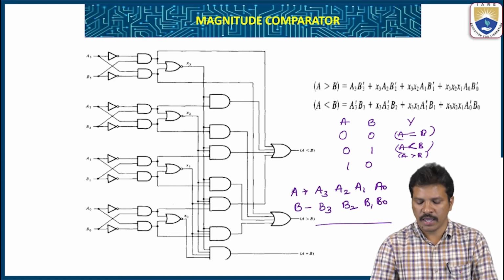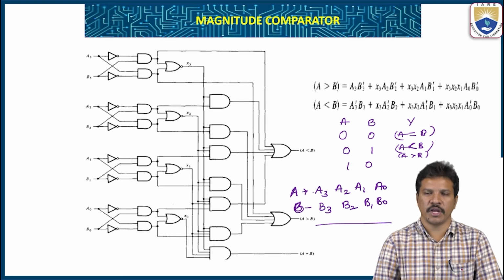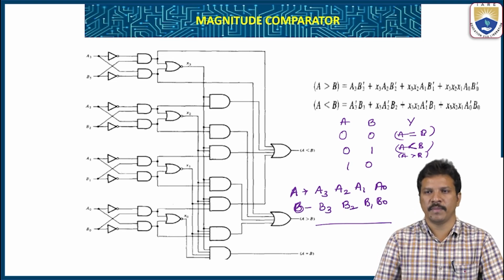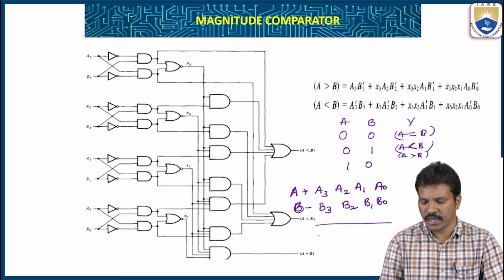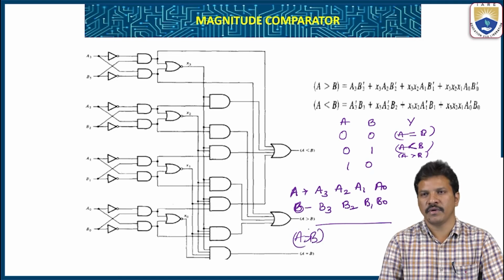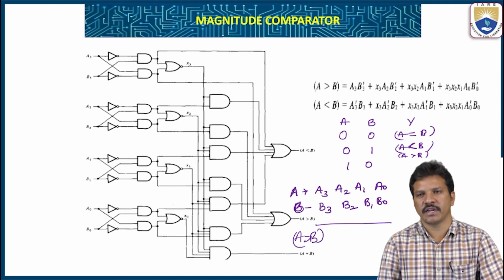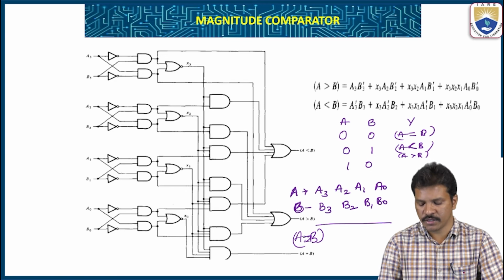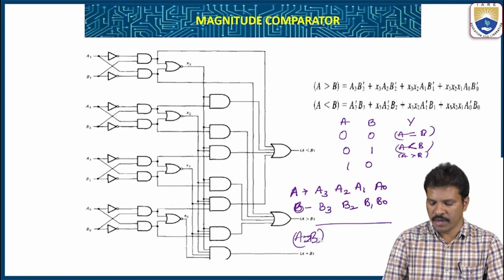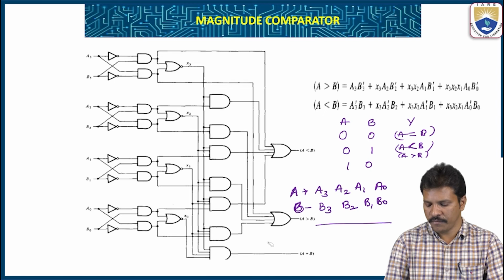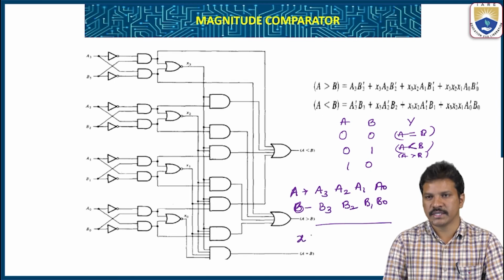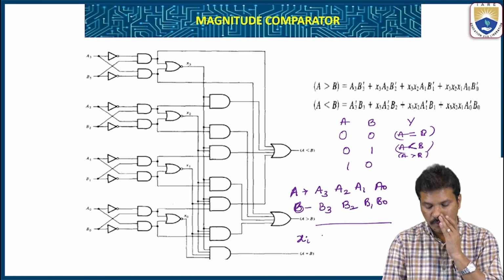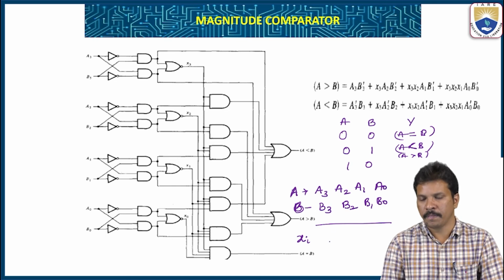Suppose the entire A bits and the entire B bits are the same. 4 A bits are zeros, 4 B bits are zeros, then they are equal. So we can consider that A is equal to B. If all bits are the same, either zeros or ones, then we can represent it with A is equal to B. That can be represented by a variable Xi, where i is equal to 0, 1, 2, 3.